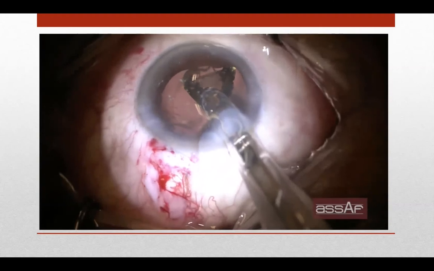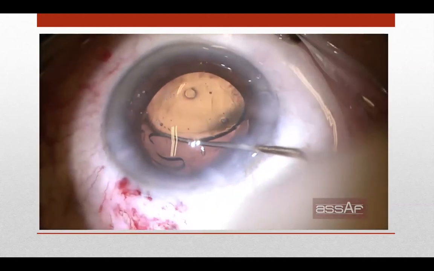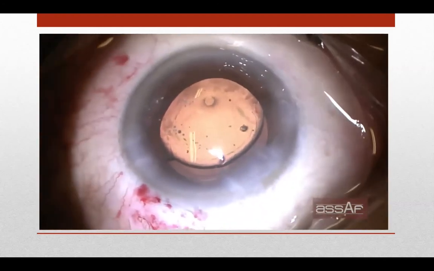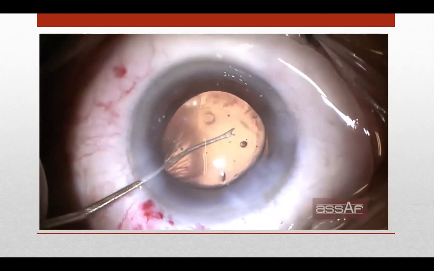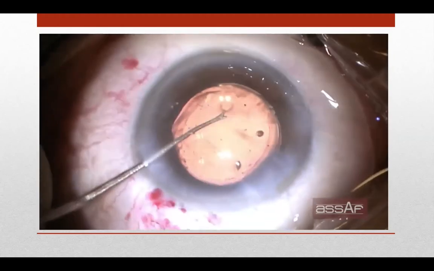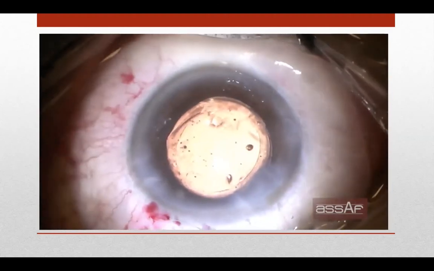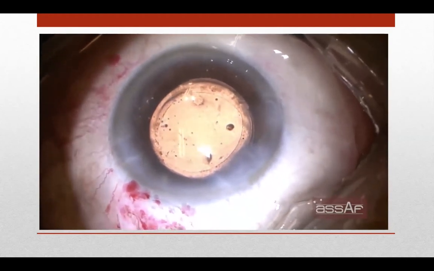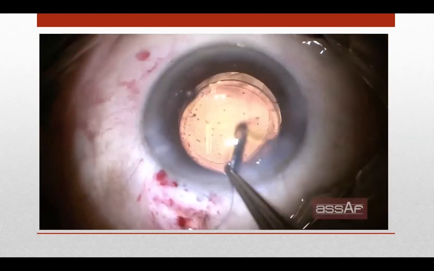As you know, these premium lenses are now available only in a single piece format, not in the multi-piece format. So in this case, luckily enough, because of the good management of the complication during phacoemulsification and doing the pars plana vitrectomy, we could clear all the epinucleus and the vitreous from the anterior chamber of the eye without damaging the posterior lens capsule and without increasing the break on the posterior capsule.